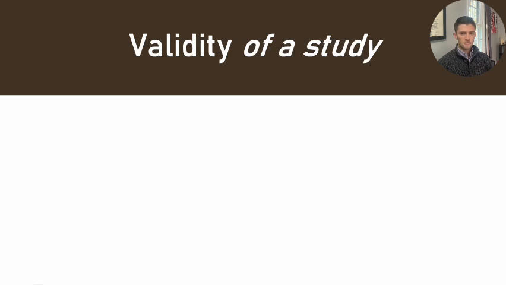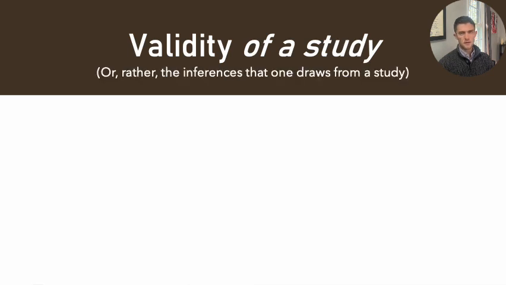While we're talking about validity, it's important to differentiate between two different ways in which that term is sometimes used. So thus far, we've been talking about the validity of a measure, which is to say, is the measure measuring the thing it's supposed to? But people often talk about the validity of a study, or I actually think it's better to think of it as the validity of the inferences that you're drawing from a study.